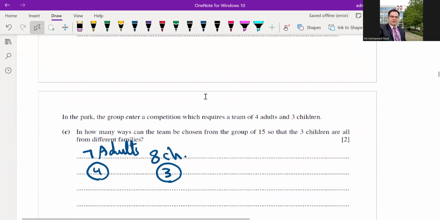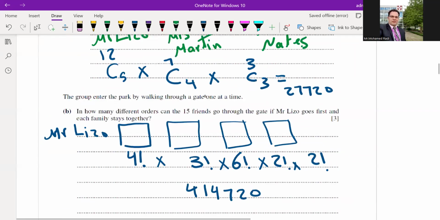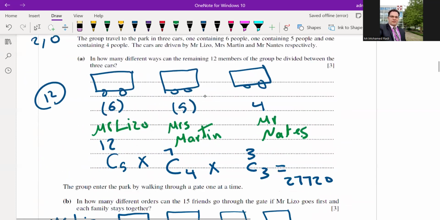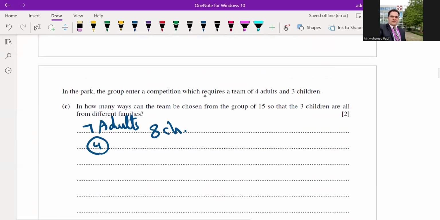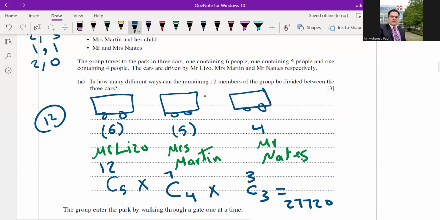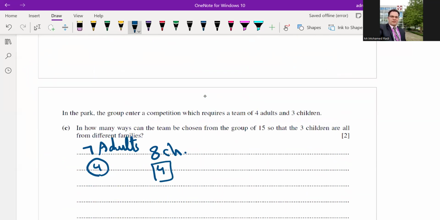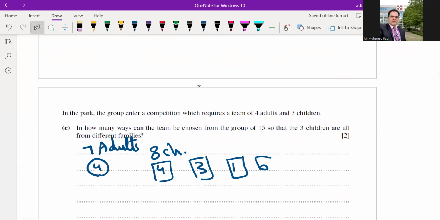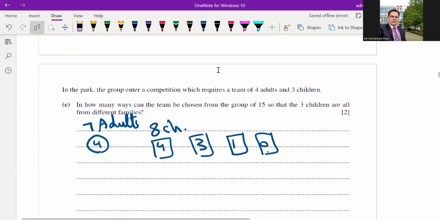So I will write here for the 8 children, we'll distribute: from the first family, there are 4. Second family, how many children? There are 3, 1, and 0. We'll take 3 children, 1 from each family, so will be 4C1, 3C1, and 1C1.